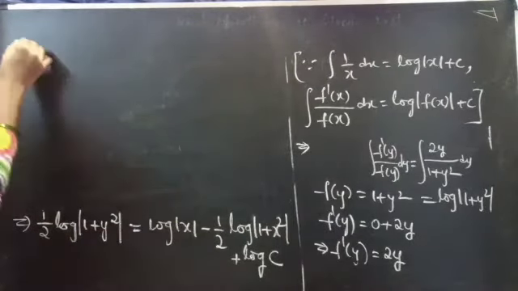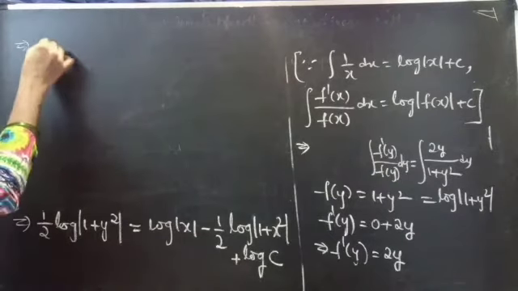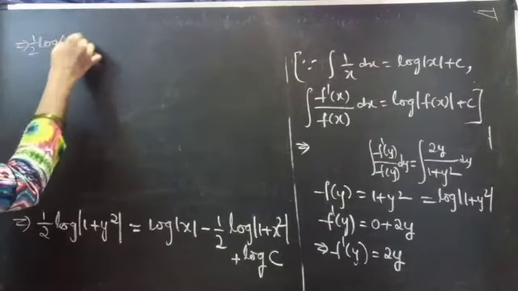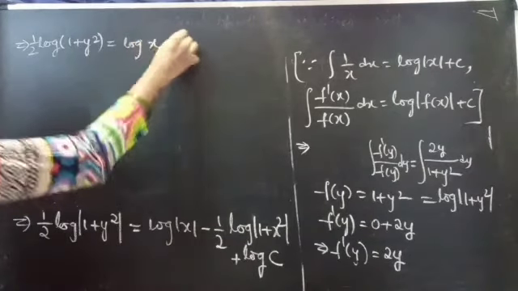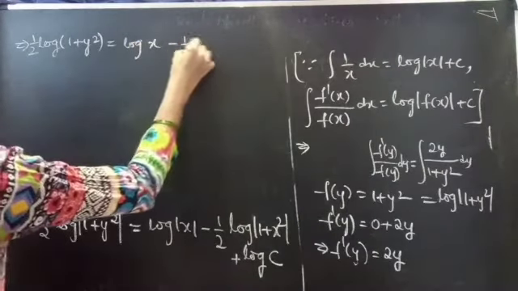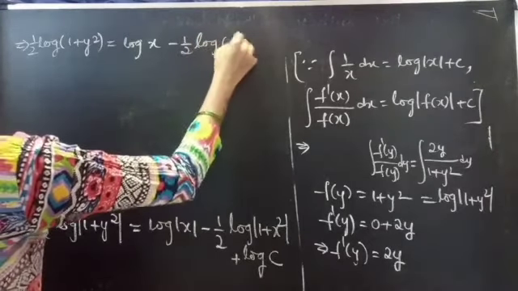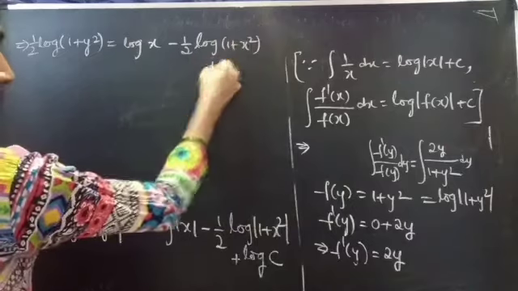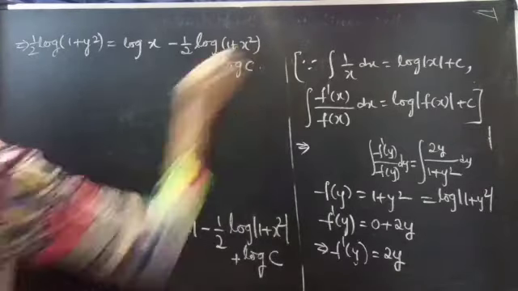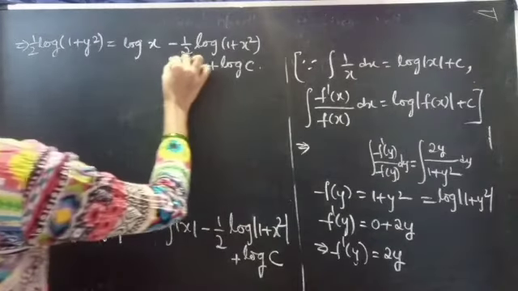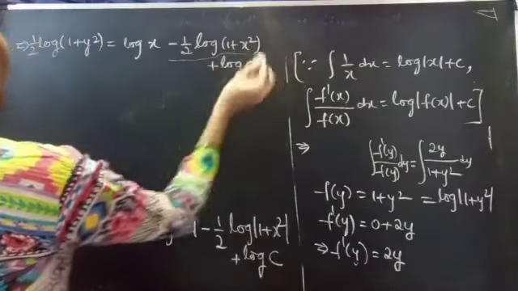So you could write this as 1 by 2 log 1 plus y square equals log x minus 1 by 2 log 1 plus x square plus log c. Now take this minus 1 by 2 log 1 plus x square to LHS.